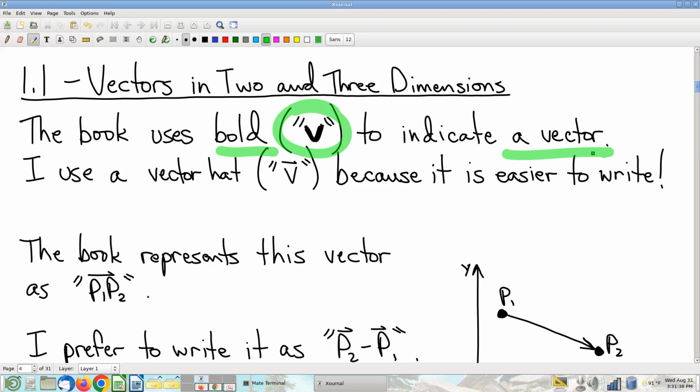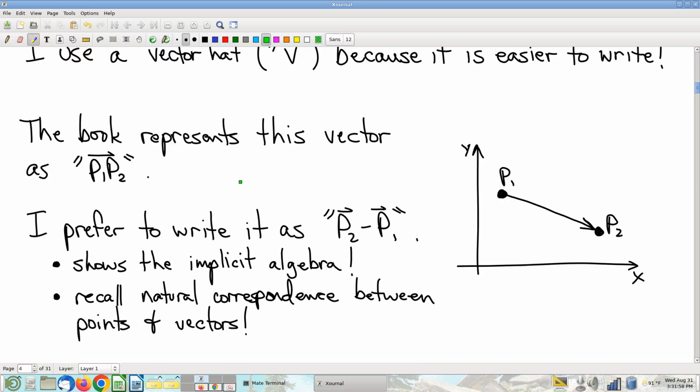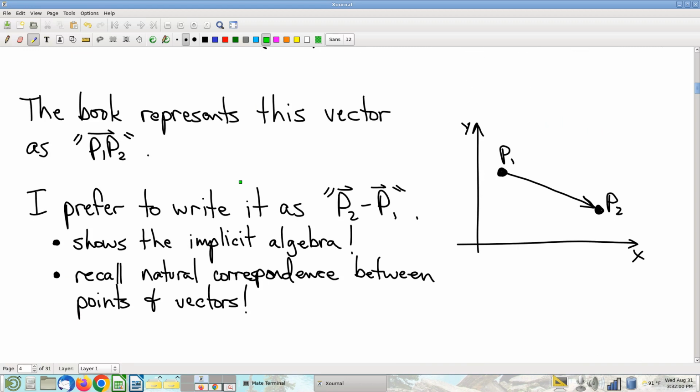It's very inconvenient to write in handwriting. So I like this vector hat notation that I'm sure you all have seen before in your linear algebra classes, because if you're doing it with a pen, it's straightforward to write it. So anyway, heads up, the book will be doing it the bold way probably, and I'll be doing it with the vector hat way.